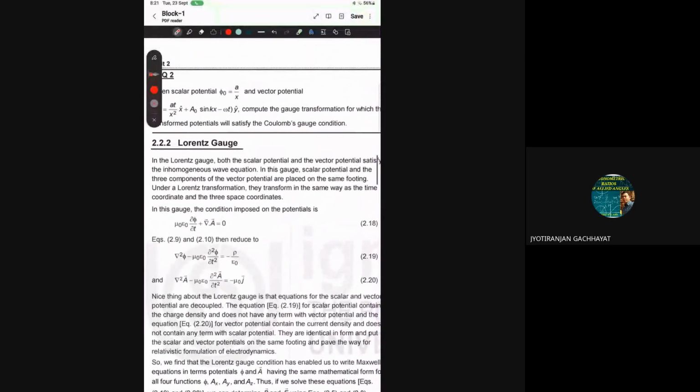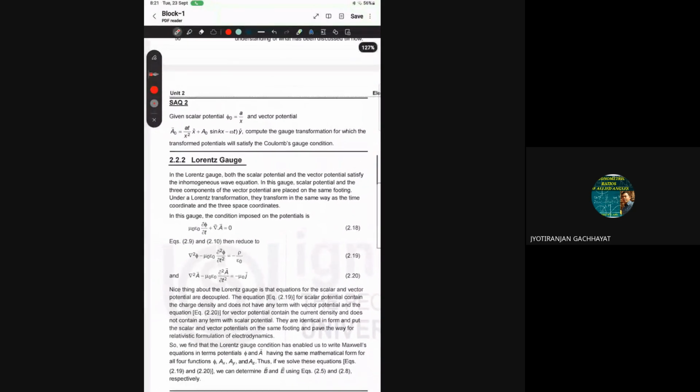Similarly, in the Lorentz gauge, both scalar potential and vector potential satisfy the inhomogeneous wave equation. So what is the condition imposed? Mu 0 epsilon 0 del phi by del t plus del dot A is equal to 0.